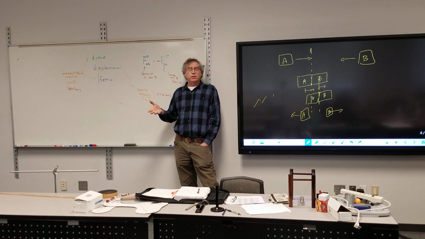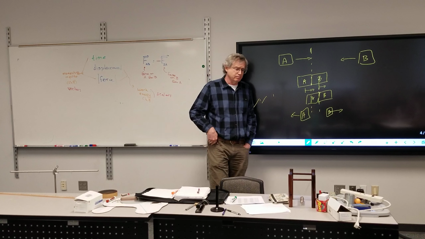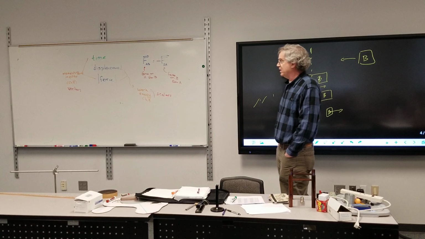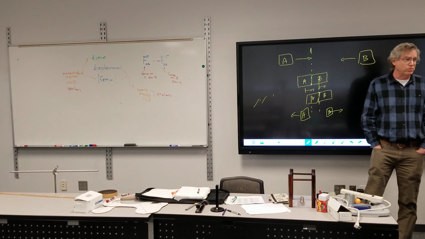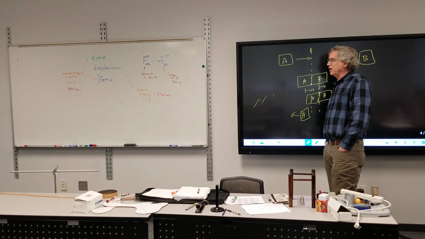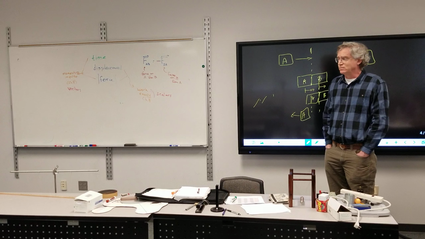The big plus is we're not dealing with vectors. Unfortunately, the big minus is we're not dealing with vectors, and we lose some information about direction. Momentum, the big plus is that we don't lose that information about direction. The big minus is the fact that we're keeping track of direction.